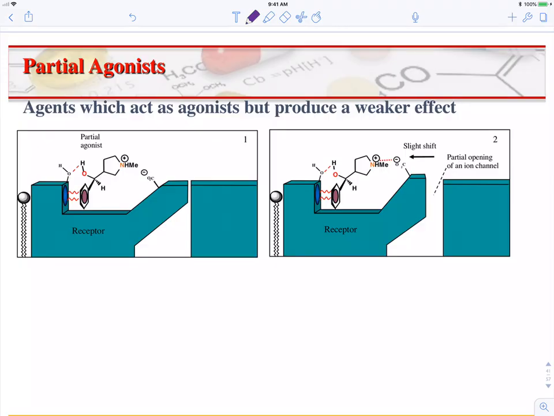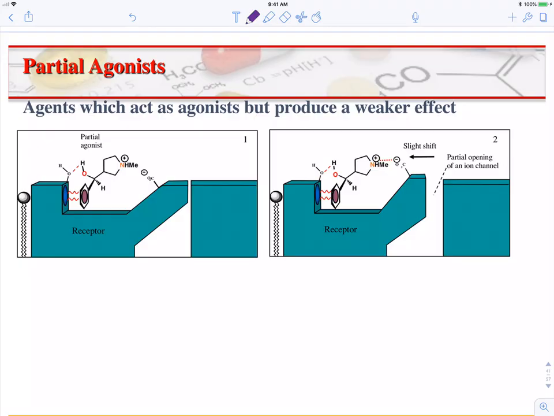Either the agent binds but does not produce the complete induced fit reorganization that is necessary, or the agent can bind in different modes, one of which activates the receptor and the other which results in antagonism.